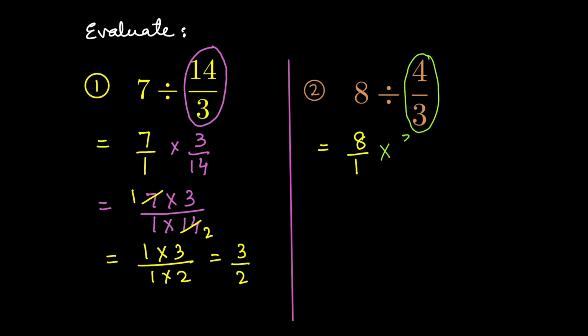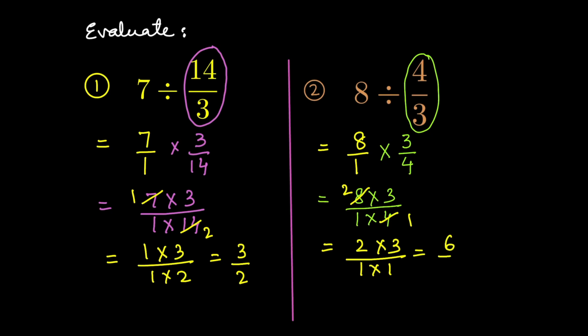It will be 3 over 4. Now we write it as 8 times 3 over 1 times 4. We can reduce, since 4 and 8 are both multiples of 4, so we can write it as 4 times 1, 4 times 2, which is now 2 times 3 over 1 times 1, which will be 6 over 1, which we can just write as 6.